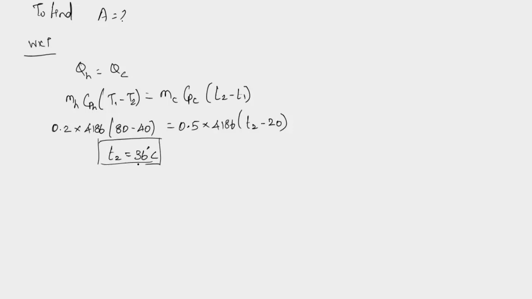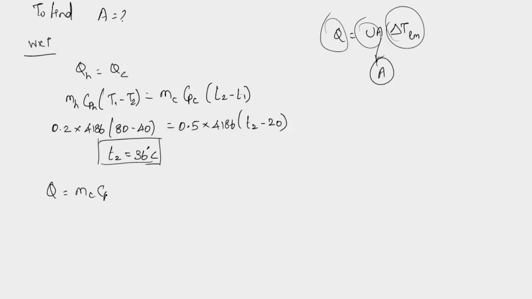In the second step, you have to find the heat transfer value, because finally we are going to use Q equal to UA del T LM to find the area. So in this problem, del T LM, the U value, and the Q value have to be found. Q equals mC CpC (t2 minus t1), or on the hot side mH CpH (T1 minus T2).